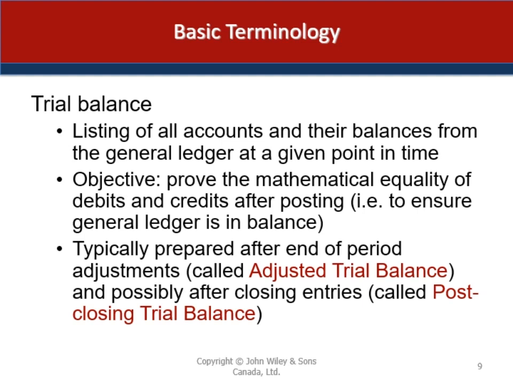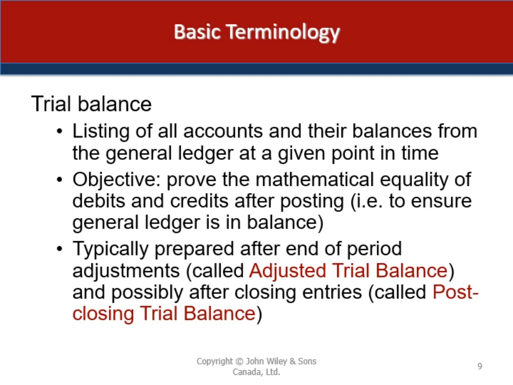But there are going to be a number of other adjusting entries and closing entries before we can actually finish. The adjusted trial balance is the balance that we take after the adjusting entries have been made and posted to the general ledger. And so the adjusted trial balance checks to see that everything has been properly balanced after making those adjusting entries.